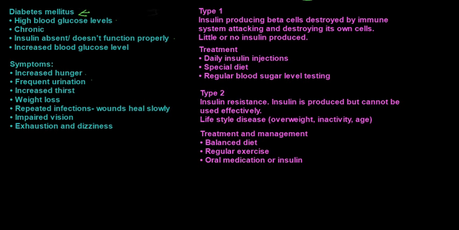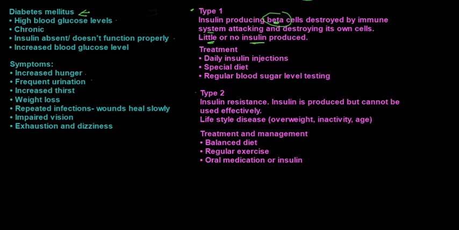But now there are two types of diabetes: diabetes type 1 and diabetes type 2. So type 1 is not that type 2 isn't a serious form of diabetes, but type 1 is pretty serious. So this is when the insulin-producing beta cells of the body are destroyed by its own immune system attacking its own cells. So your body physically is breaking down its own cells. And this then leads to little or no insulin being produced, because that is done with those beta cells.